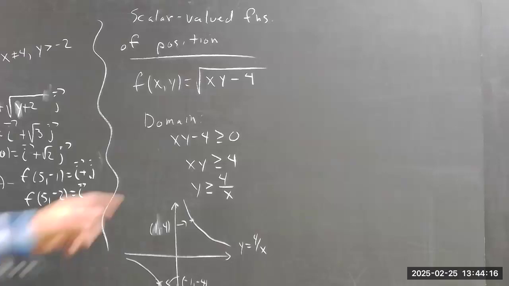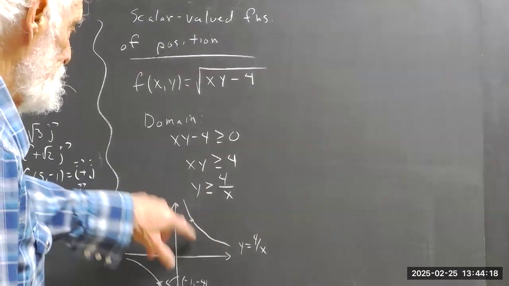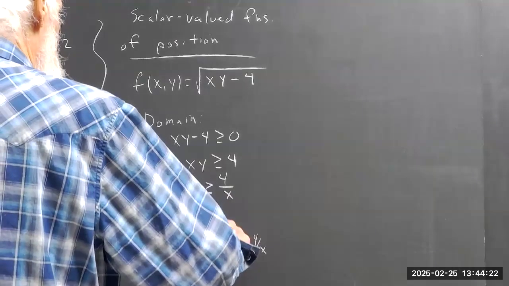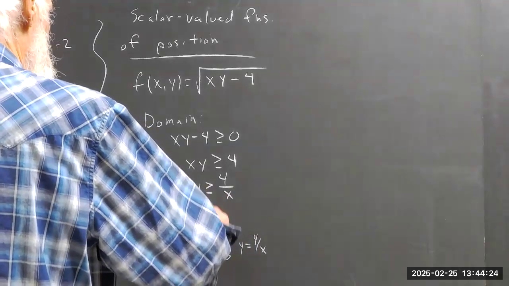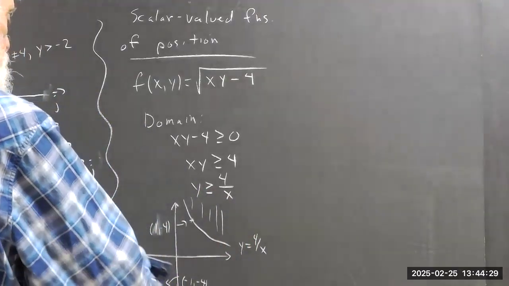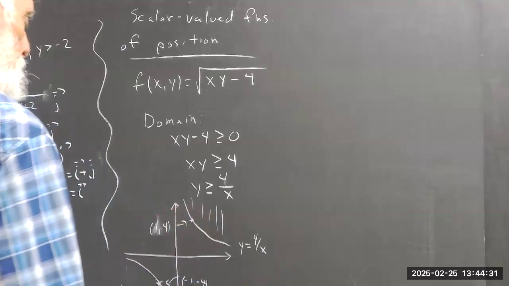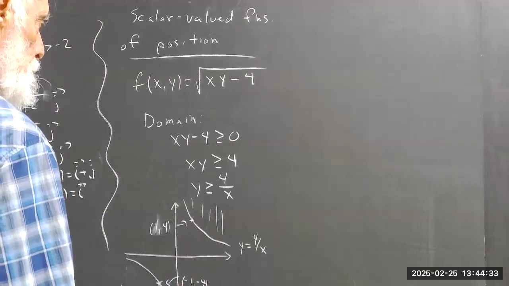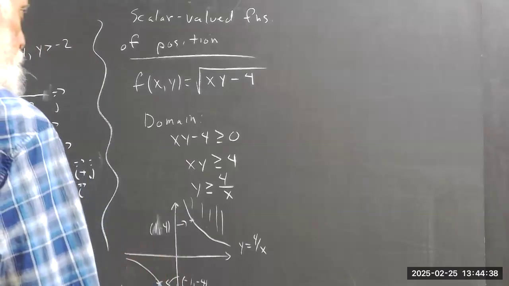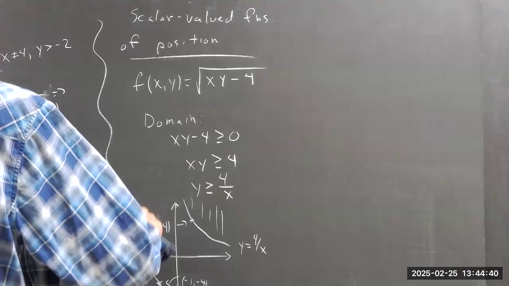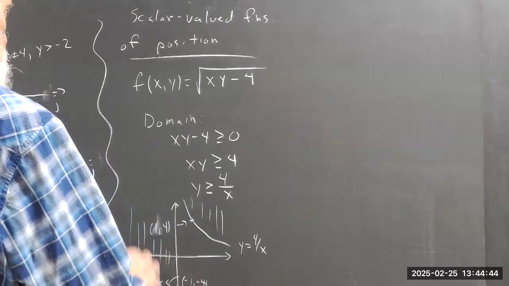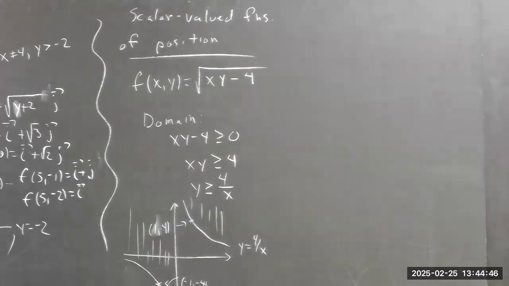Y has to be greater than the value you get on this function, which means your domain would be like here. And then to the left of the y-axis, you have the numbers above this reciprocal curve.